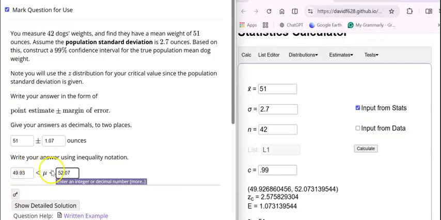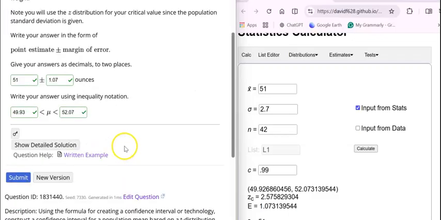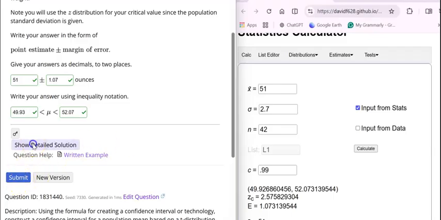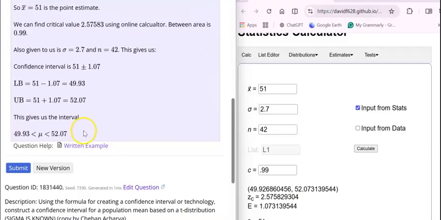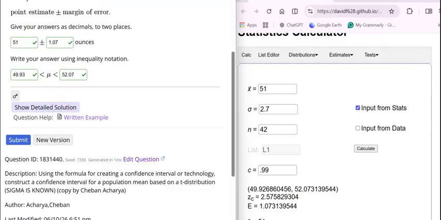And this is the population mean, which we don't know. We estimate that the mean is going to be between these two numbers. Okay, so submit. That's how you solve this question using the calculator. But manually, without using a calculator, you can do it this way. You can see the detailed solution. Okay, thank you.